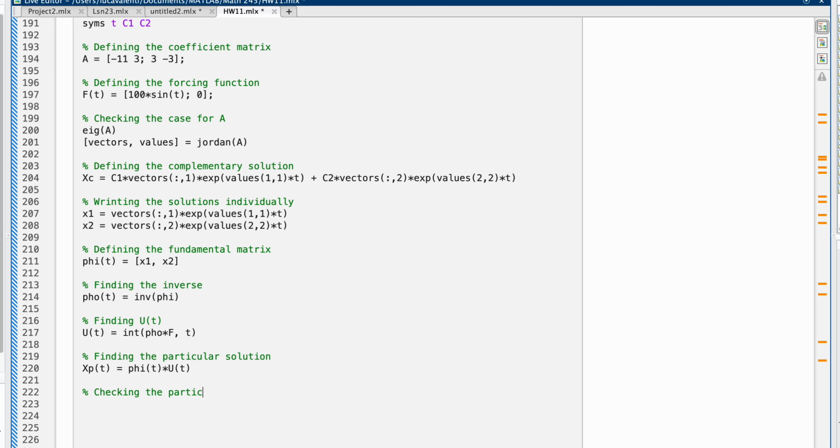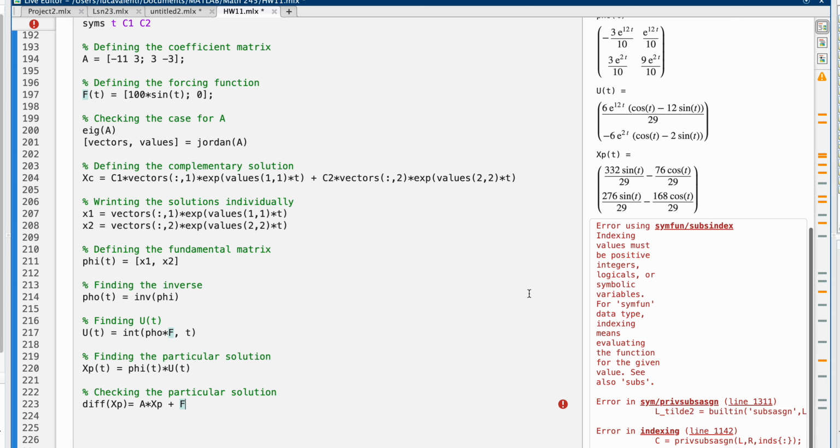the particular solution, and so to do that, we're going to say that the derivative of my solution has to be equal to A times my solution plus f, and we're going to have it output all of these things and see where we're getting. So up to this point, there's an error here. Let's see.